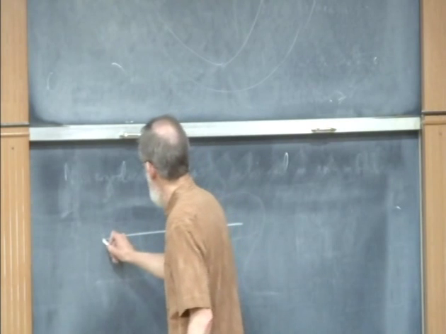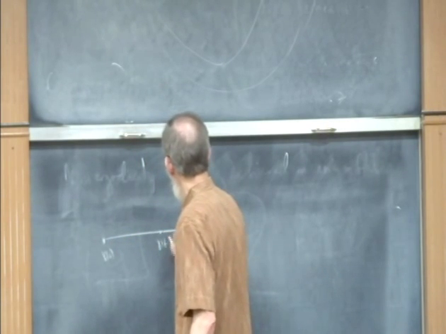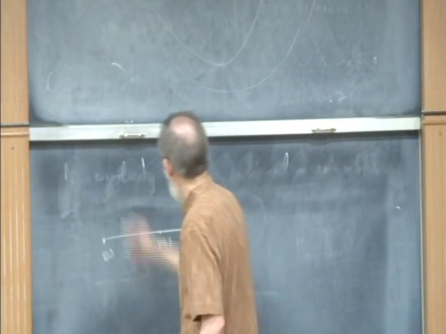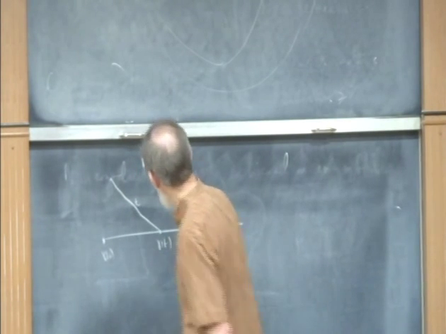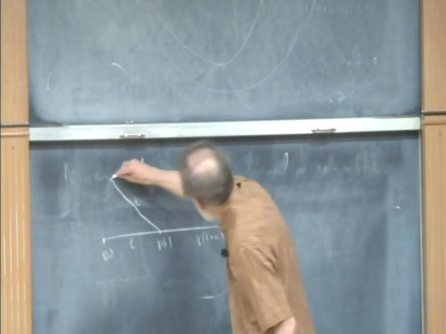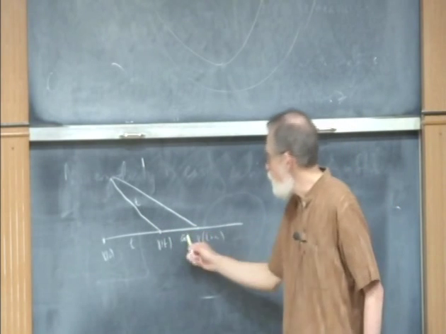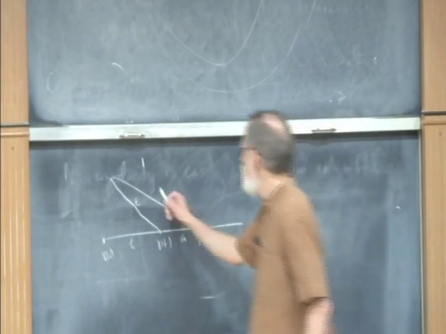I have gamma of 0, gamma of t, gamma of t plus a. And then suppose I have a point here where that distance is t, that distance is t. This distance here is a. I have a triangle. I have the triangle inequality.